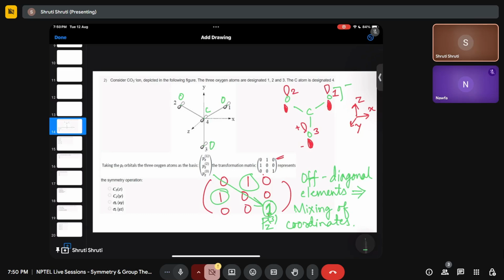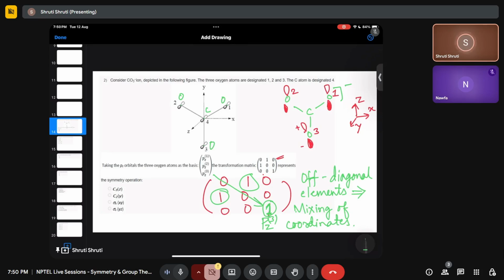So you should recall in which symmetry transformation only one of the coordinates does not change place. Was it a reflection or rotation? One coordinate does not change place: rotation. Yes. So this coordinate is not changing place, the other two will change place. So it should be a rotation.